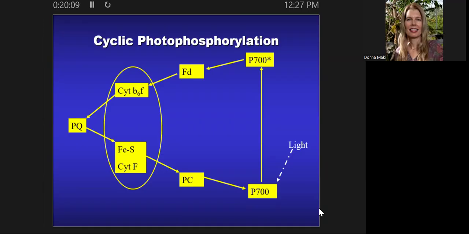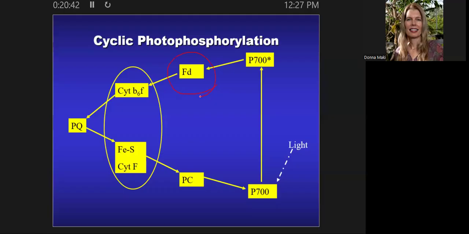It's a circular flow. I've drawn this trying to show the cytochrome b6f is this oval shape here, and here's your plastoquinone coming along from photosystem 2. The electron flow goes to photosystem 1 to ferredoxin, but nowhere does this show that ferredoxin is giving off the electron to FNR.